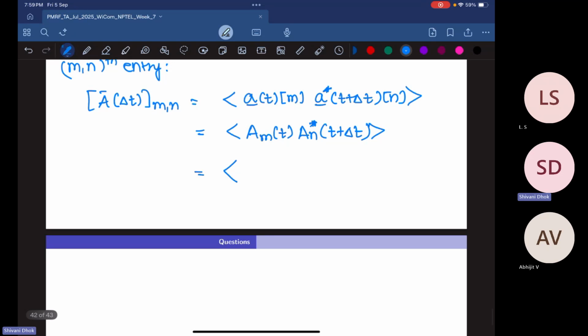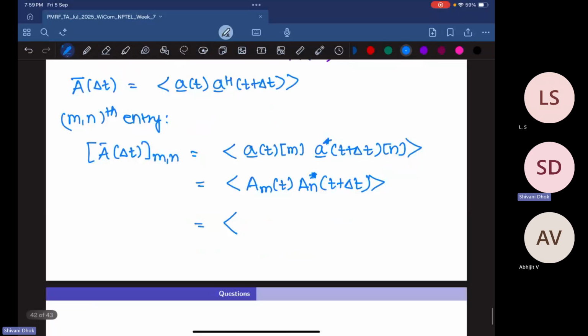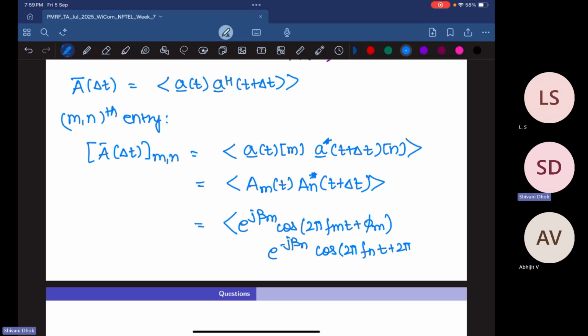Am of t is basically e power j beta m into cos of 2 pi fm t plus phi m, and an conjugate is e power minus j beta n into cos of 2 pi fn t plus 2 pi fn delta t plus phi n. Okay.